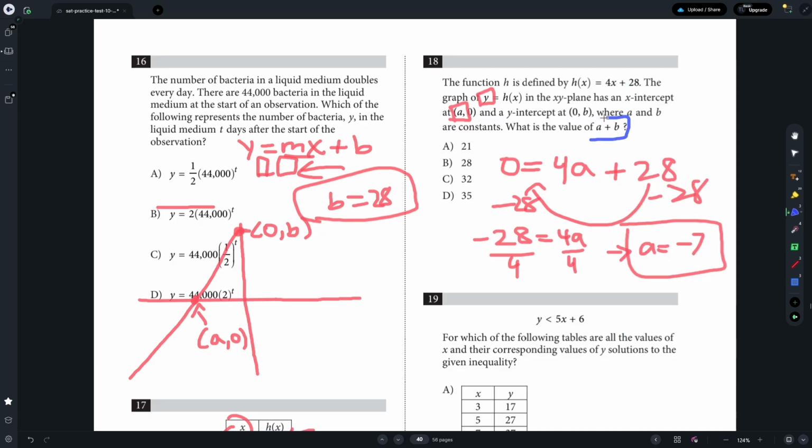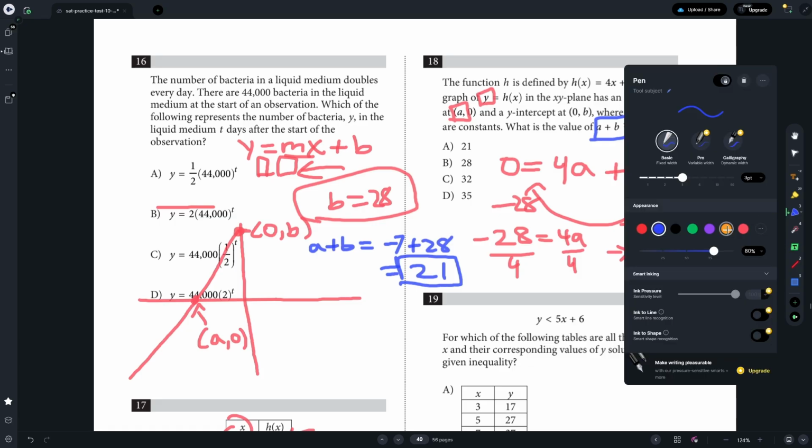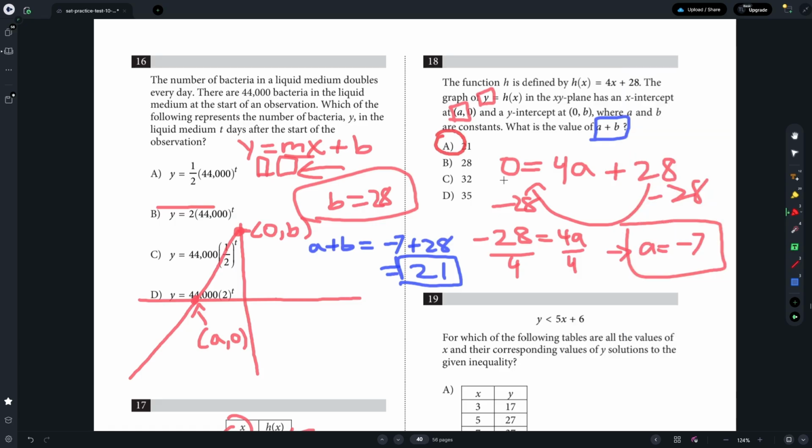They're asking for what is the value of a plus b, right? So a plus b is equal to negative 7 plus 28, which is equal to 21. So the correct answer is A, 21.